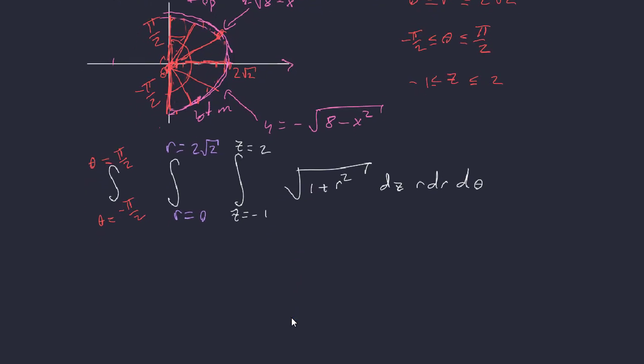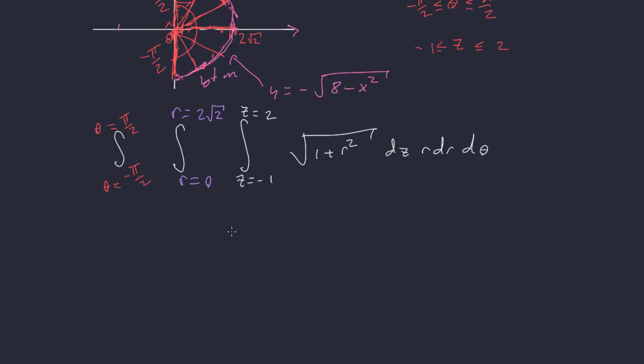Okay, so if we want to crank through this integral now, well, first of all, this is just a constant in terms of z. Okay, so we're going to get the integral from negative pi over 2 to pi over 2, the integral from 0 to 2 root 2, and then simply square root of 1 plus r squared times 2 minus a negative 1, right? You just subtract the limits when you're integrating a constant.